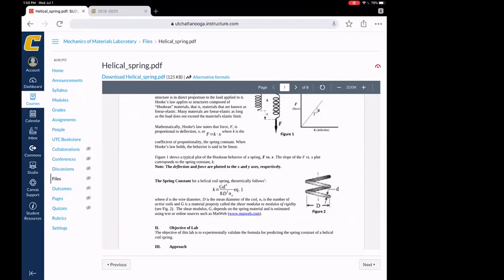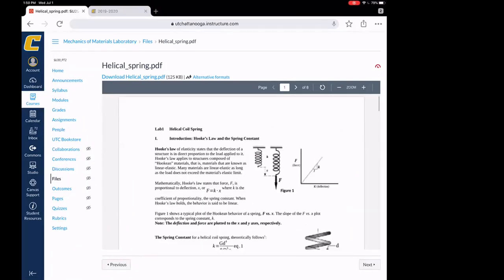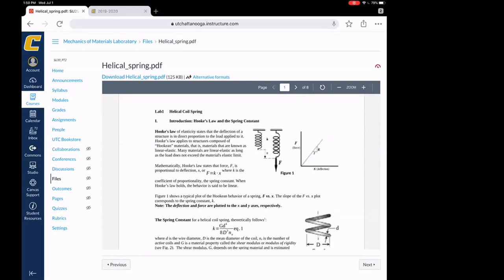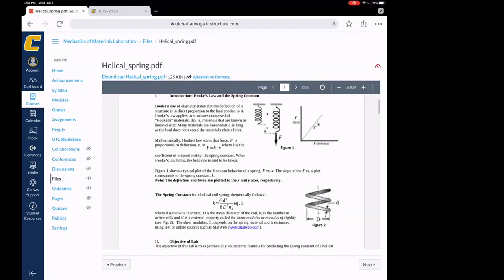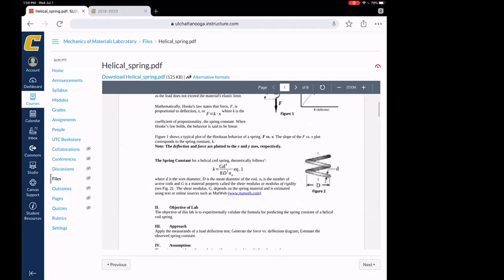So basically, this is a typical lab manual. The first part is an introduction to the theory and why you do that lab, so you just skim through it. Then you see here in the first lab, the formula for a spring constant is given right away.